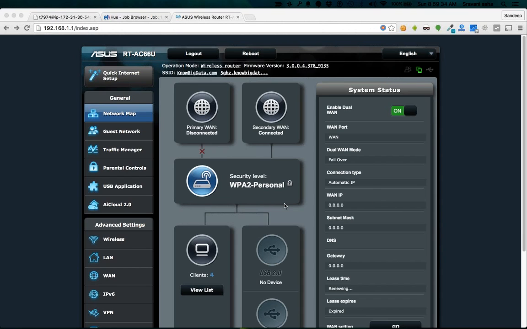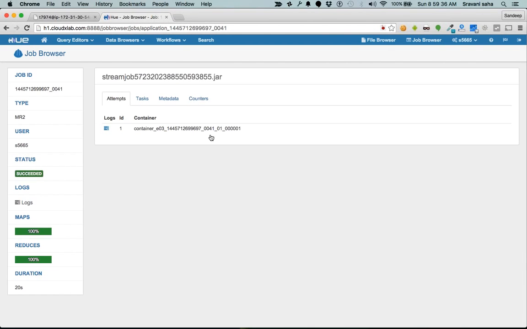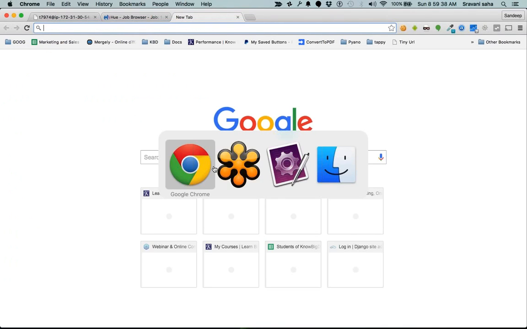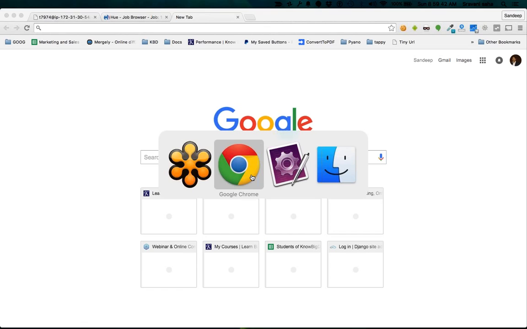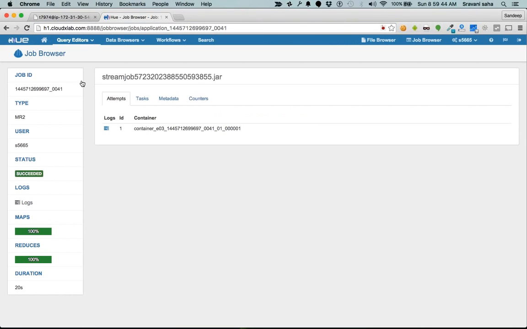Alright, I'm sorry. There was a power fluctuation. Looks like broadband also turns off on the power, even though I have all the backups. Sorry for this.